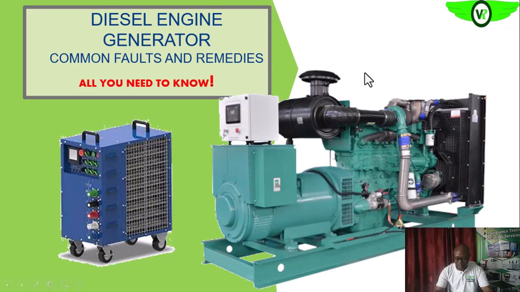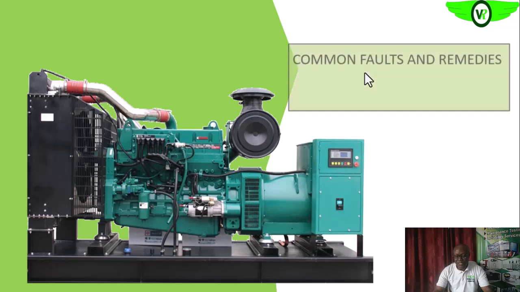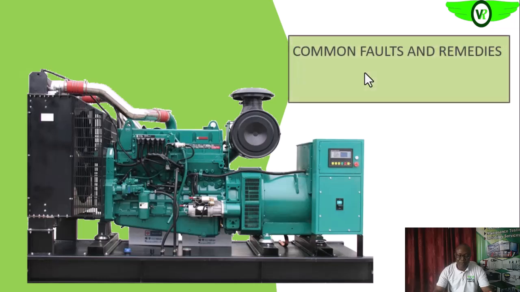engine generator. So like you well know, the diesel engine generator is made up of two parts. Okay, we have the mechanical part. We have discussed the various components of the mechanical parts, what they do, their function in the diesel engine.